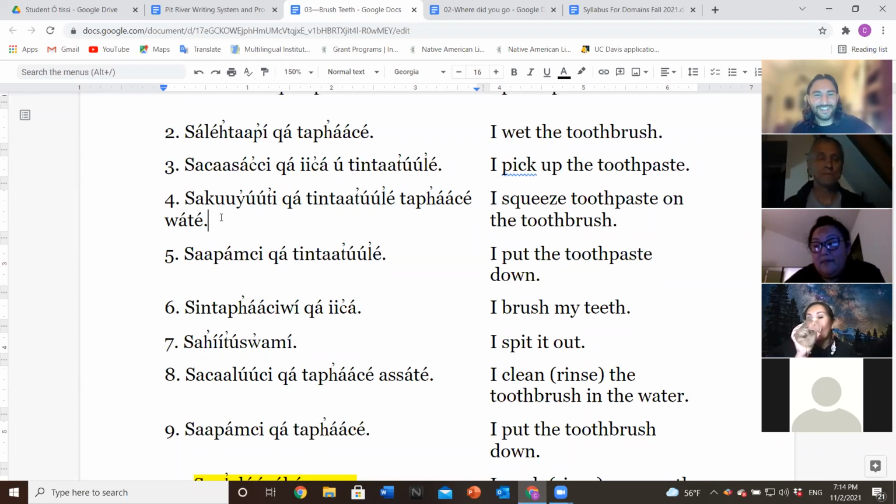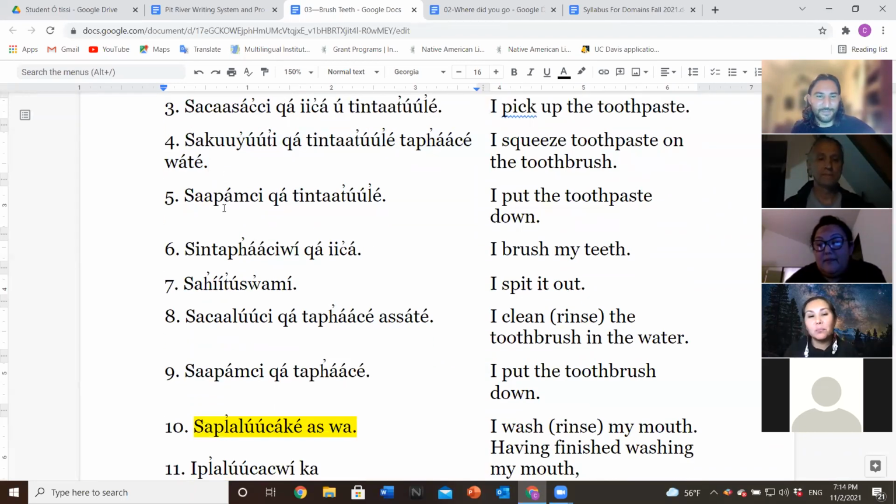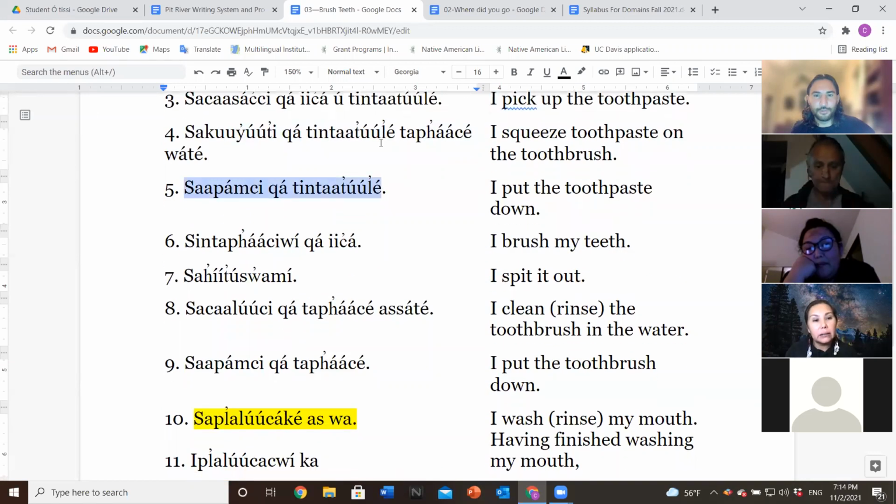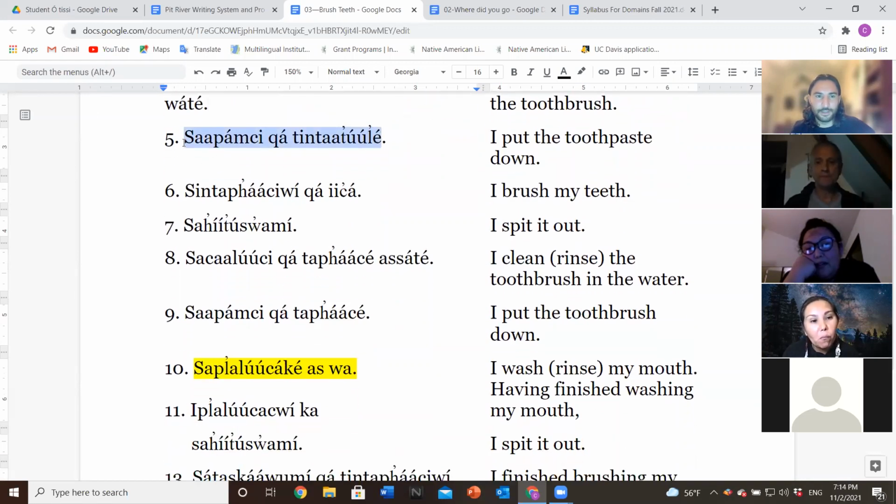Good. Okay, here's a shorter sentence finally. Sa pamji ga dinta tule. So I put the toothpaste down. Sa pamji ga dinta tule. Louise. Simpamche ga din datule. Super close. Sa pamji.